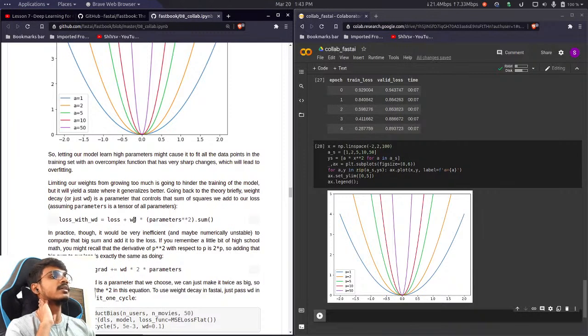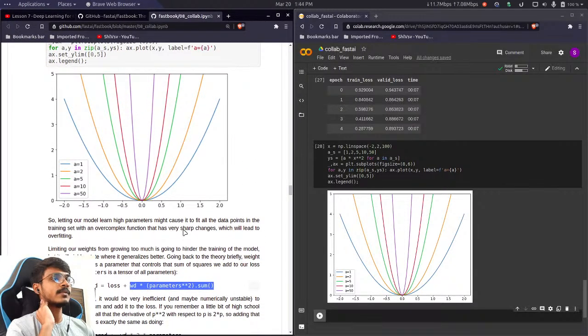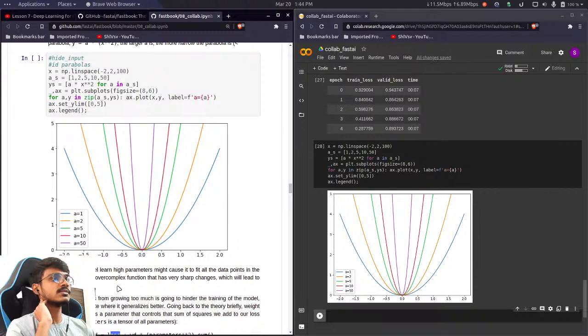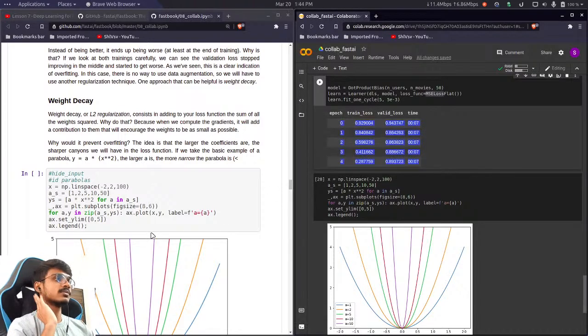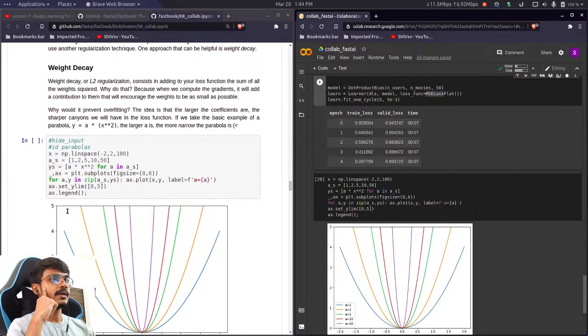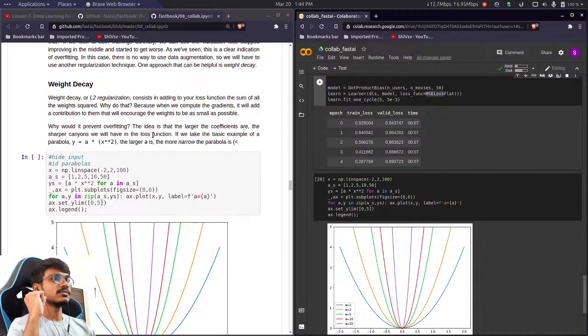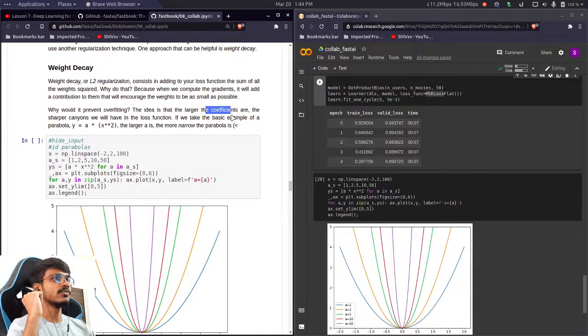But I still don't get why adding this term reduces overfitting. Suppose we were to keep this loss as it is, then it gives this kind of behavior where it starts to flatten out and starts increasing, meaning it is overfitting. They are saying that the idea is the larger the coefficient. Now why are they talking about coefficients? So this is a parabola.